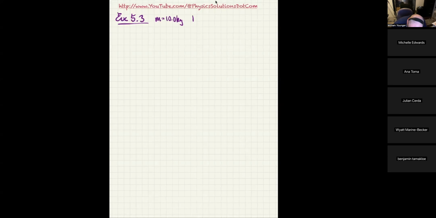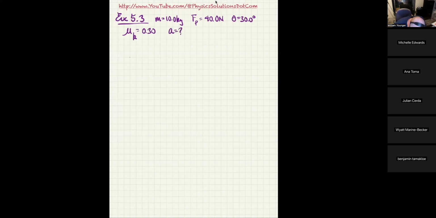I have FP equal to 40.0 newtons, and theta equals 30.0 degrees. I also have mu kinetic, which is the one they gave me, 0.30. And now what we want to know is the acceleration, a equals question mark.